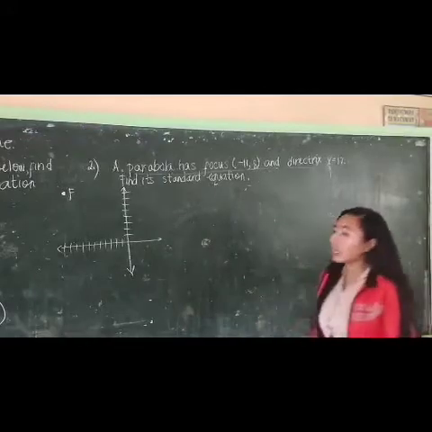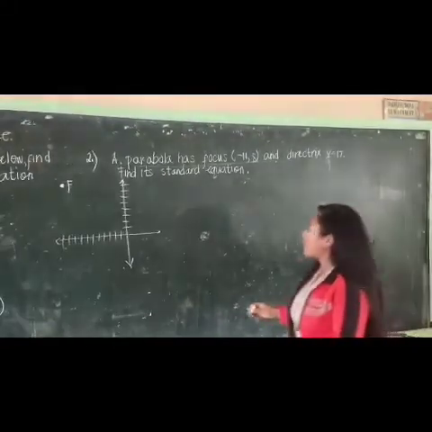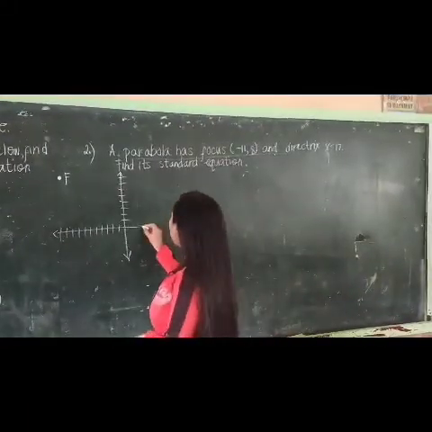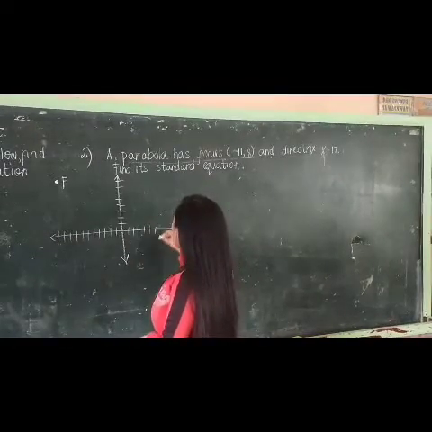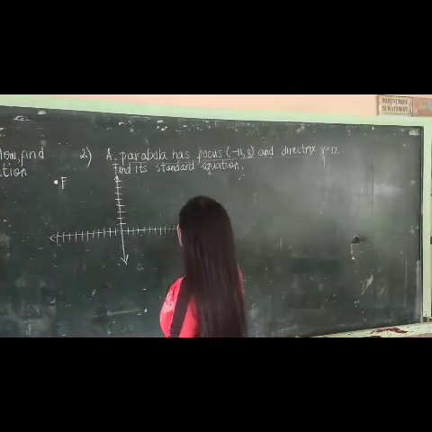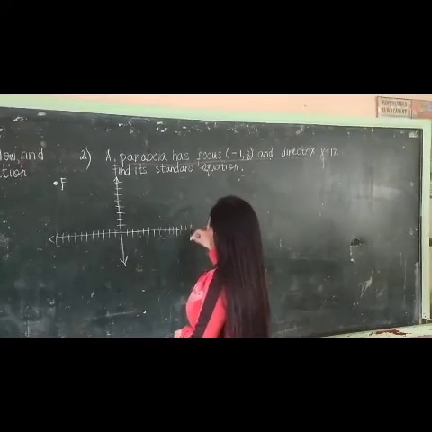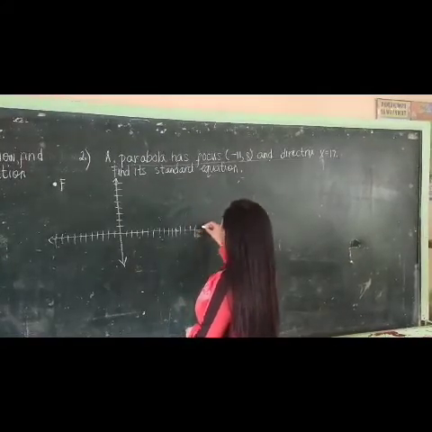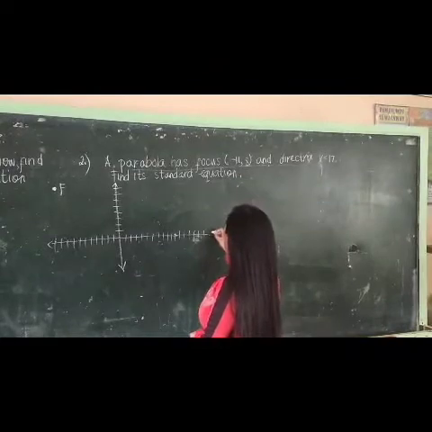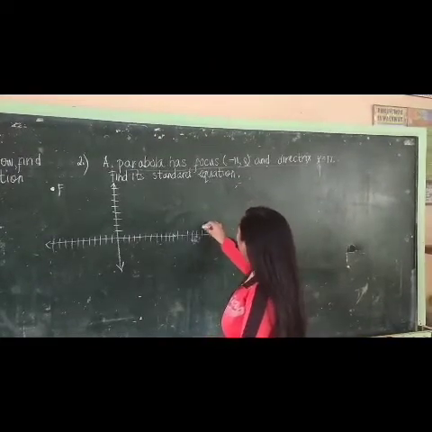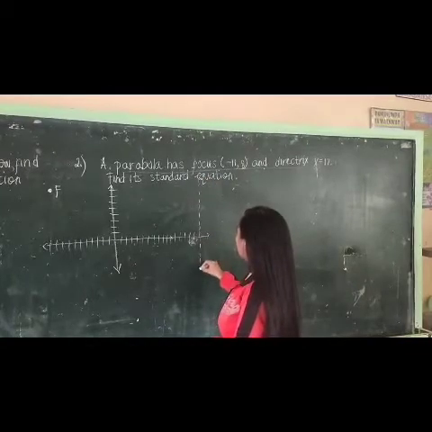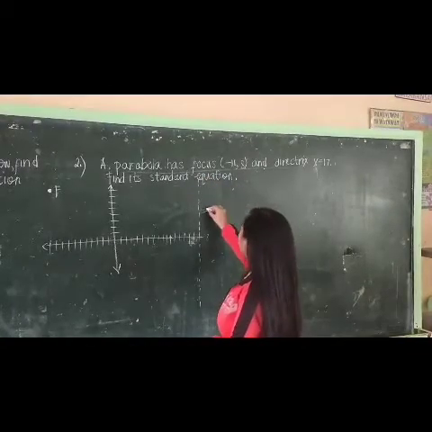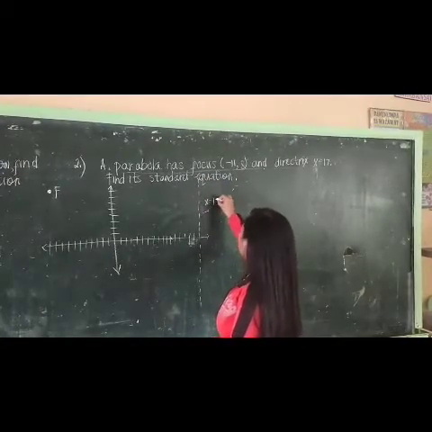And the directrix is x equals 17: 1, 2, 3, up to 17. So this is the directrix, x equals 17.